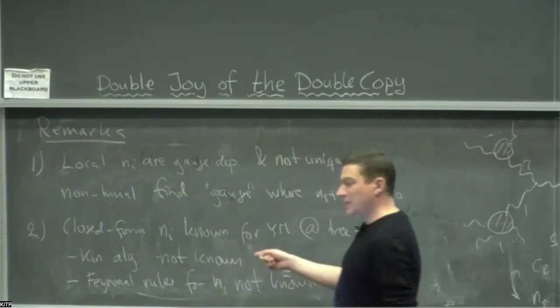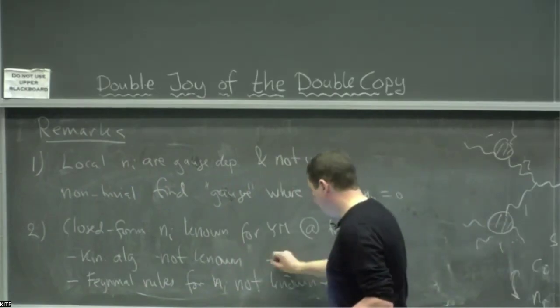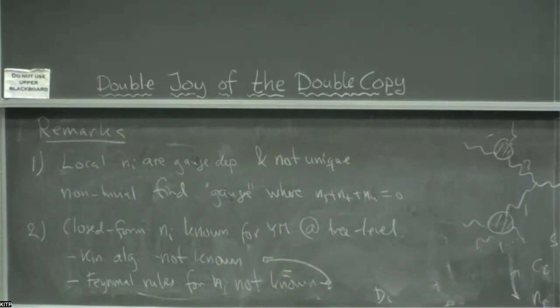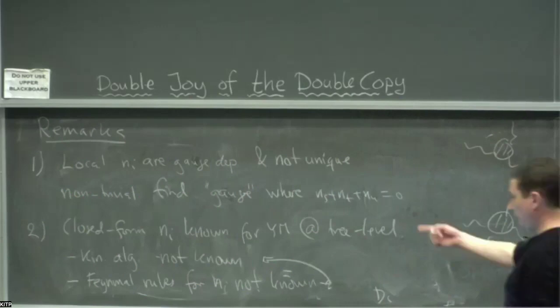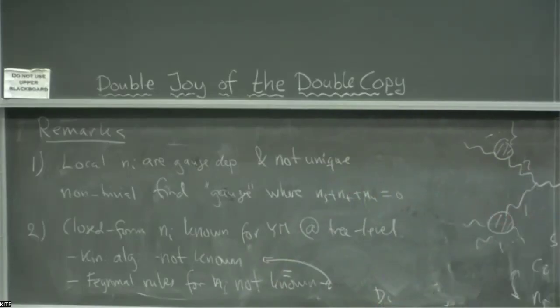These two statements are, of course, the same statement. If you have kinematic algebra, you have the Feynman rules, and vice versa. Which is obvious for color factors, right? The Feynman rules for the color factors are just the Lie algebra. So I think it's an important problem, but unfortunately it's a very difficult problem because people have worked on it and not managed to find a solution to it.